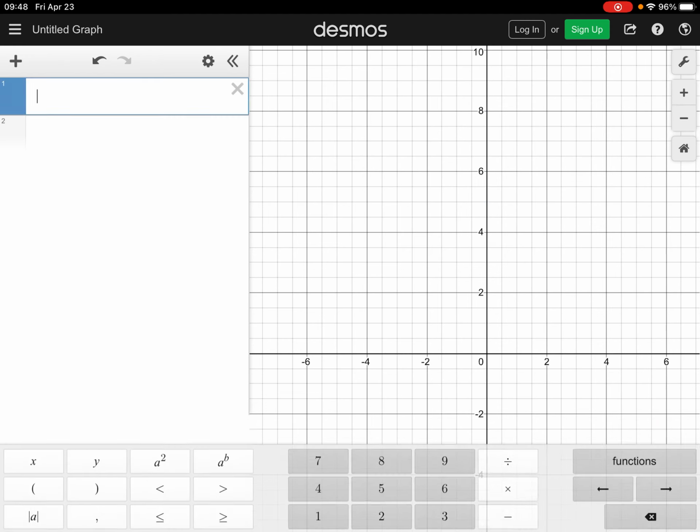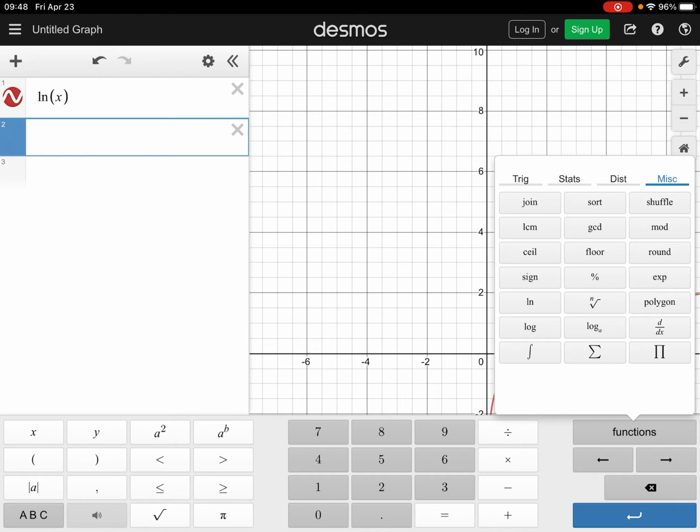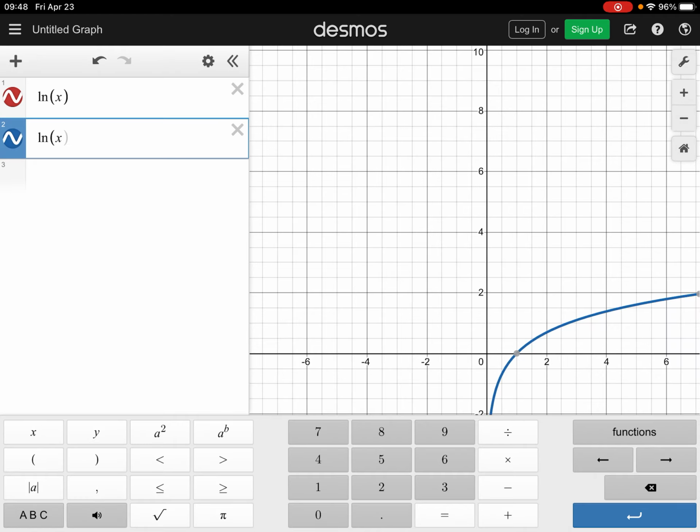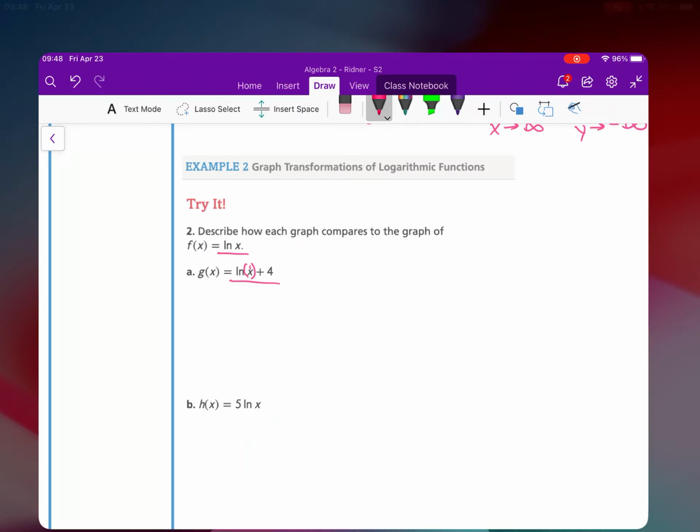All right, so ln(x) is the parent graph, looks like this. ln(x) and then +4 looks like this. Notice from red to blue it went up 4.